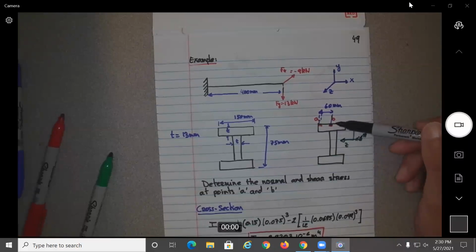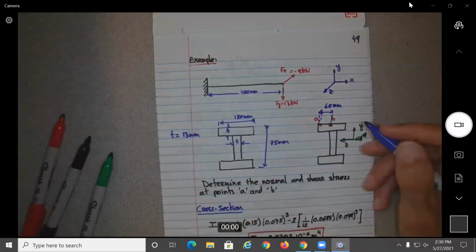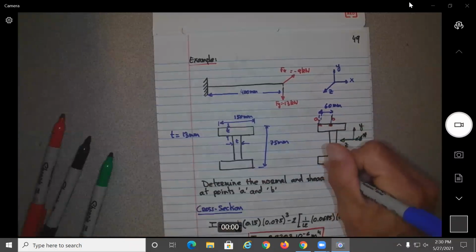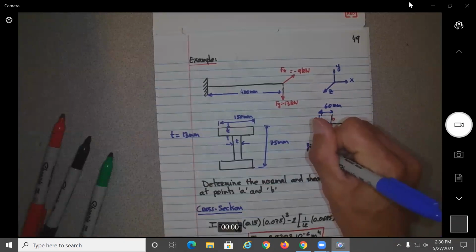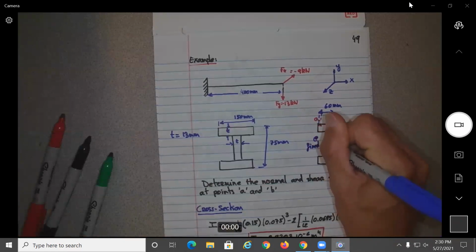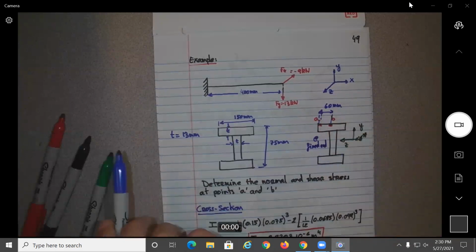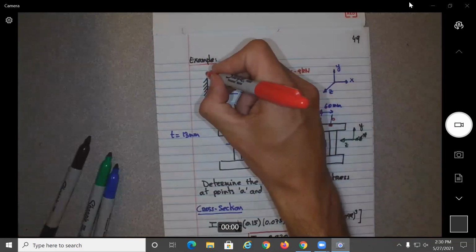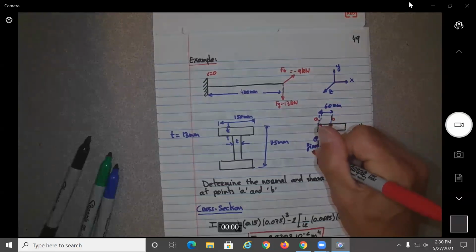This point A and point B will be located at the fixed end. So basically, what does that mean? They will be at this location here. So this will be at x equal to 0.